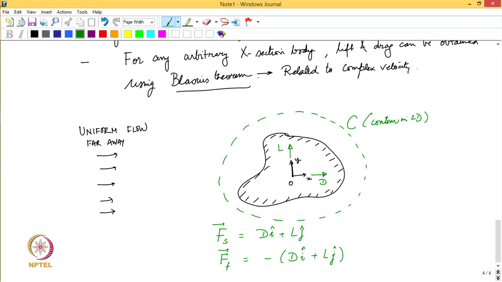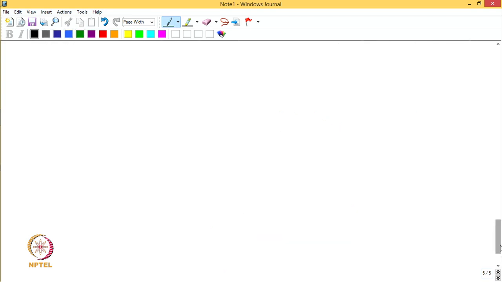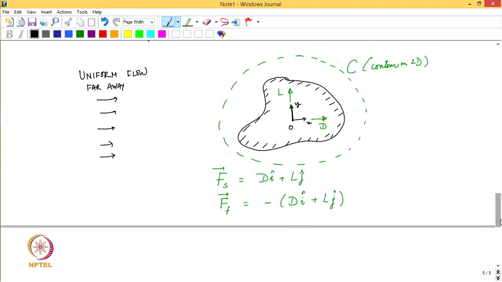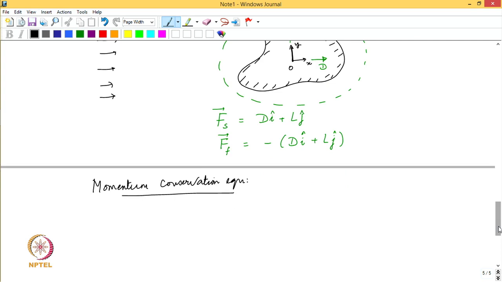And we can then write the momentum conservation equation for the fluid in this control volume, and we will write it in a general form, right.